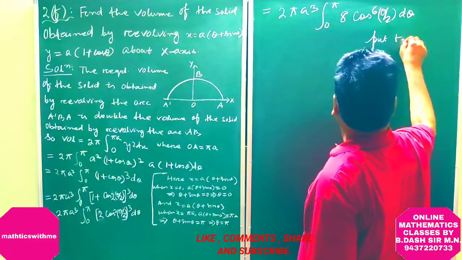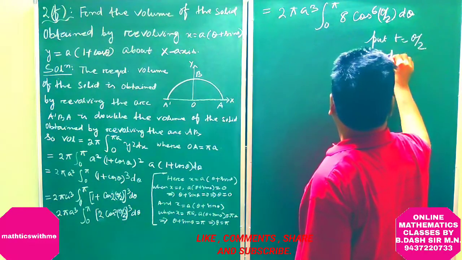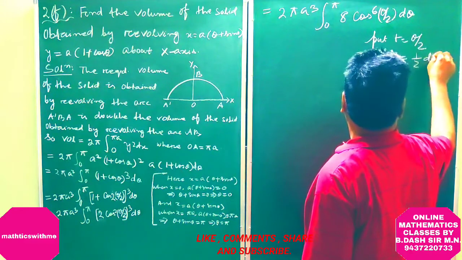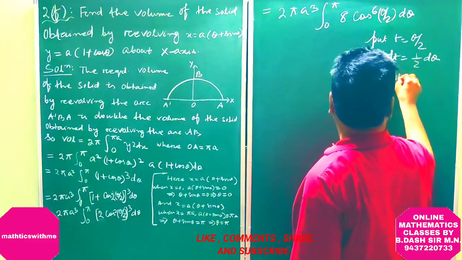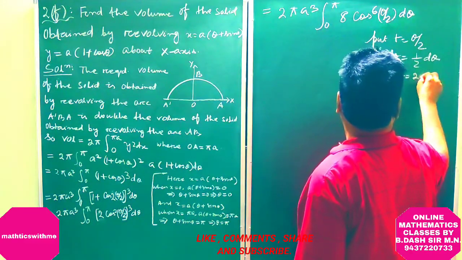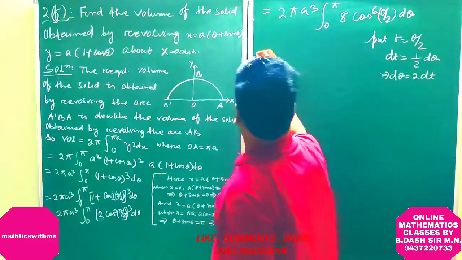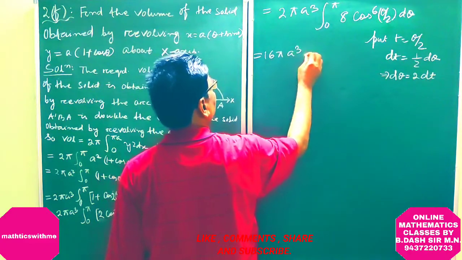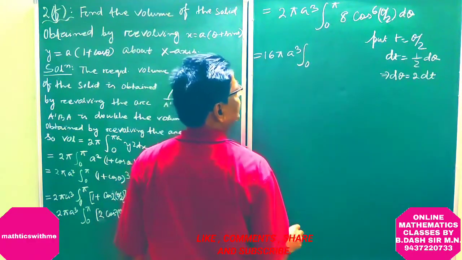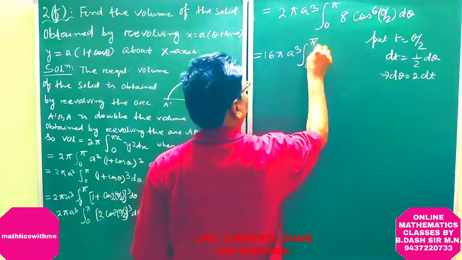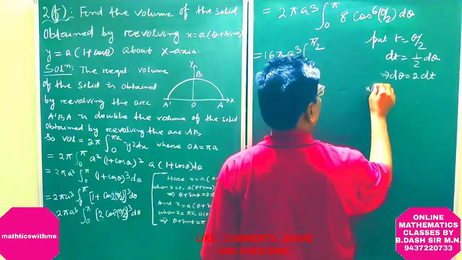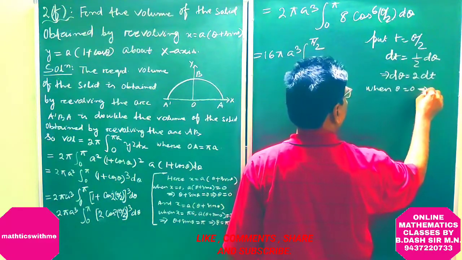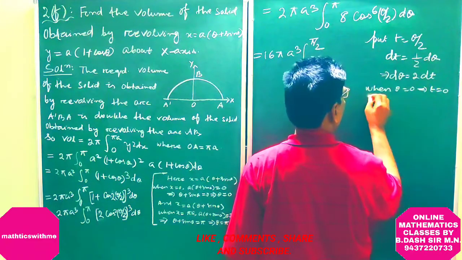Put t equal to θ/2. Then dt is equal to 1/2 dθ, so dθ is equal to 2 dt. So this is equal to 16πa³ ∫ from 0 to π/2. When θ is equal to 0, t is equal to 0.